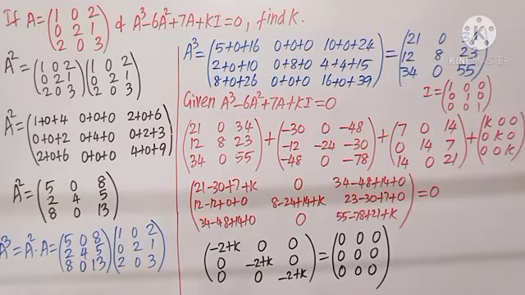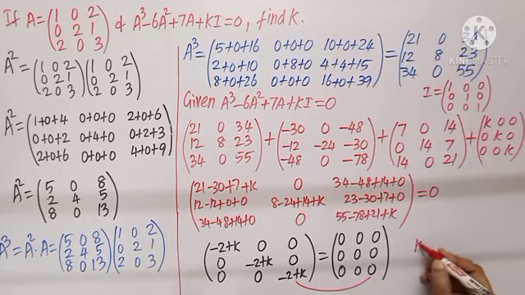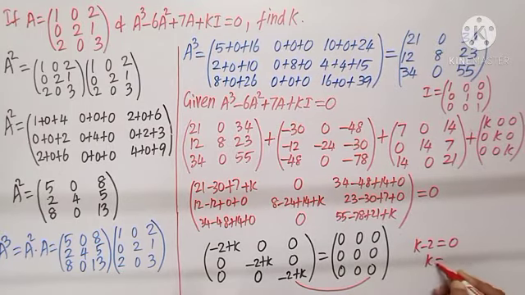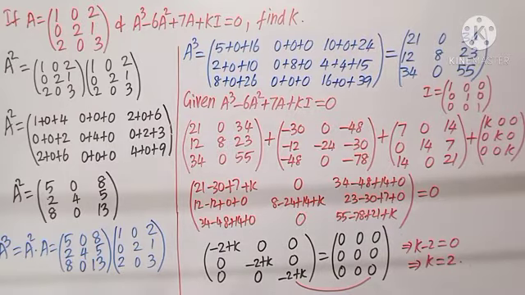Let us compare the corresponding entries. As I compare the corresponding entries, I get K minus 2 equals 0 or K equals 2. Hence the problem.